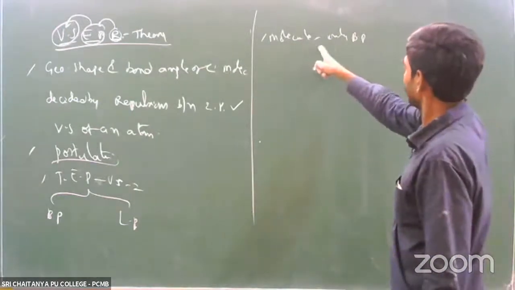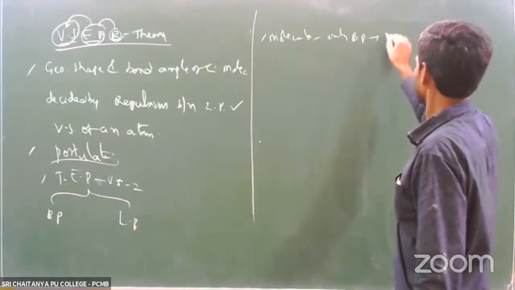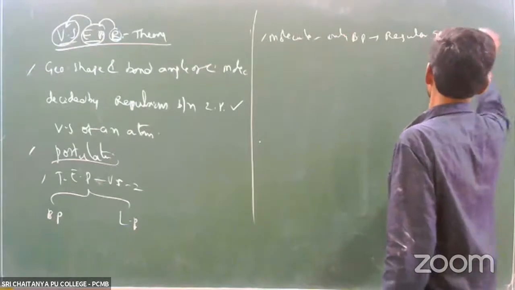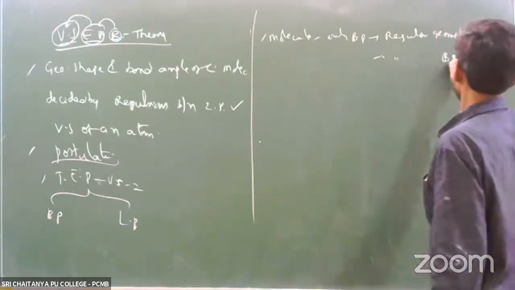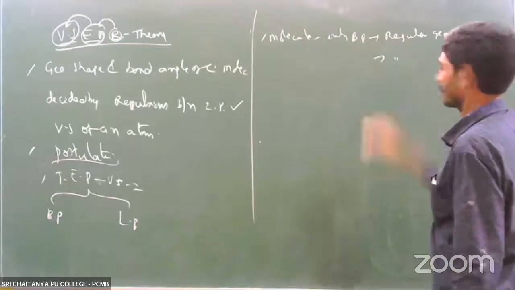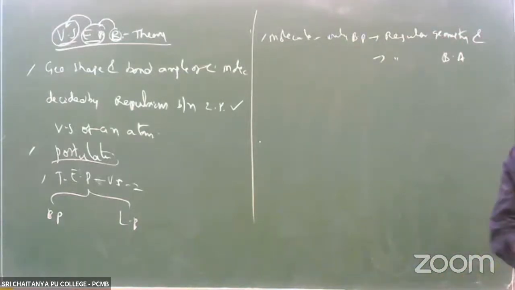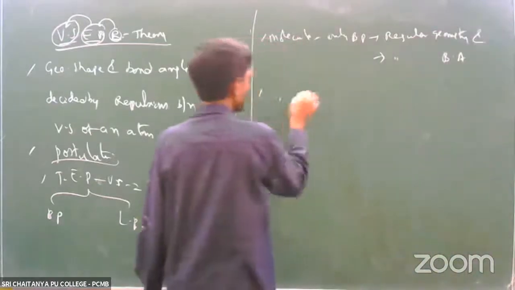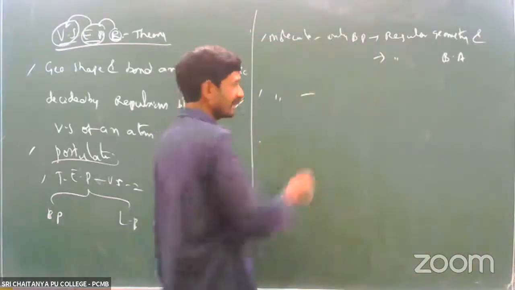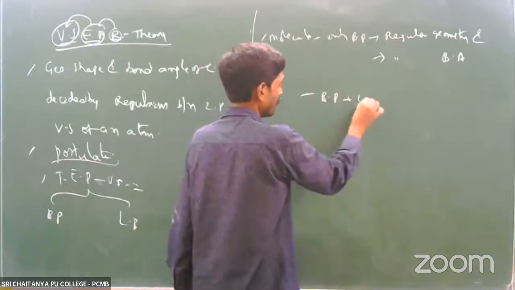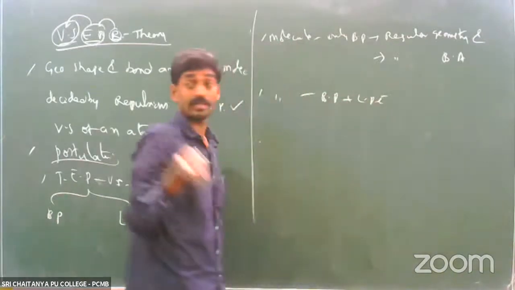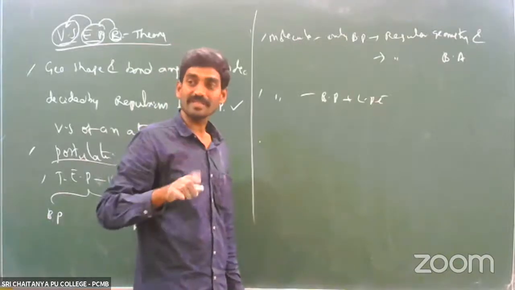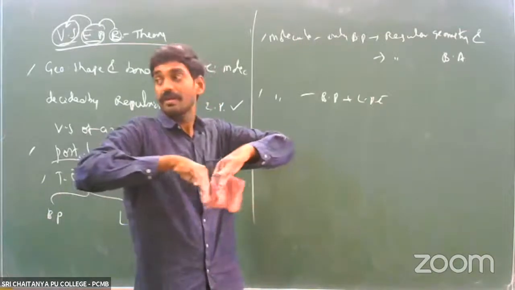The molecule having only bond pairs of electrons has a regular geometrical shape and regular bond angle. There is no deviation of geometry and bond angle. Next, if a molecule has lone pairs of electrons along with the bond pairs, these lone pairs cause repulsions onto the bond pairs.